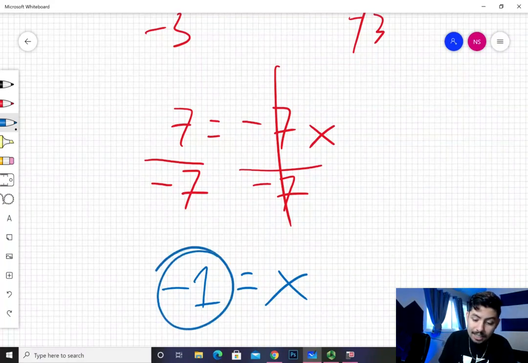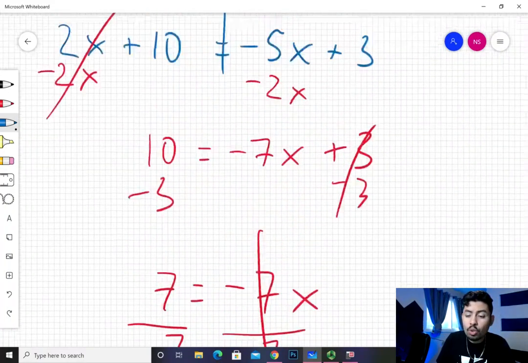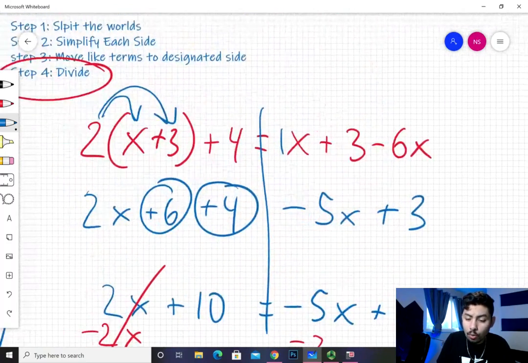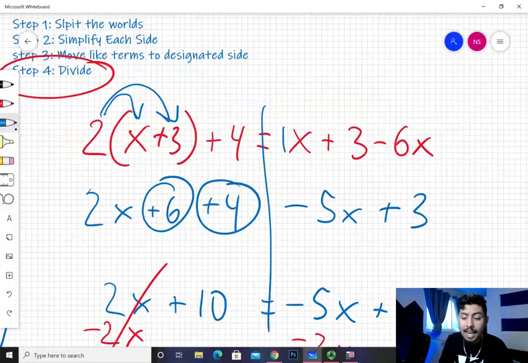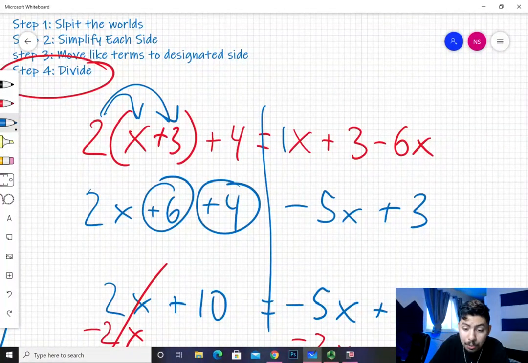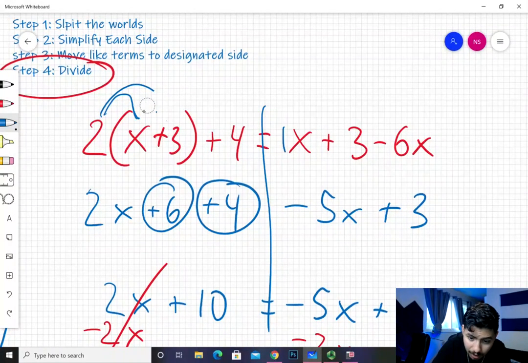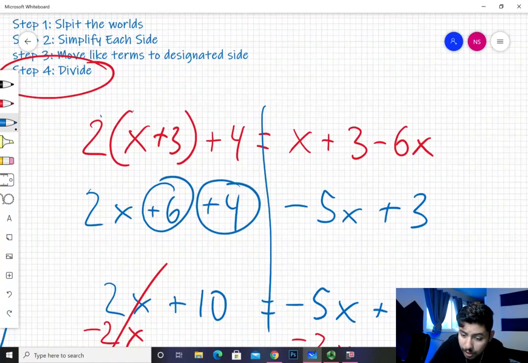You're going to get this negative 1 and go back to the original equation right there. And wherever you see an x, you're going to put the negative 1 in, which we're going to do. This one's a lot more challenging because there's a lot of x. Let me erase all this so we go back to the original equation.